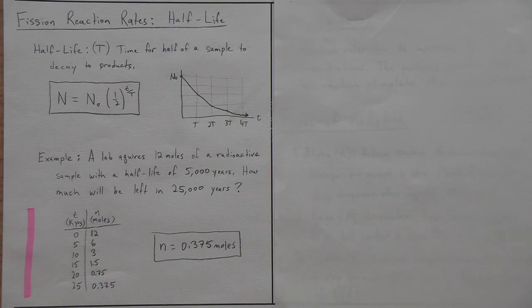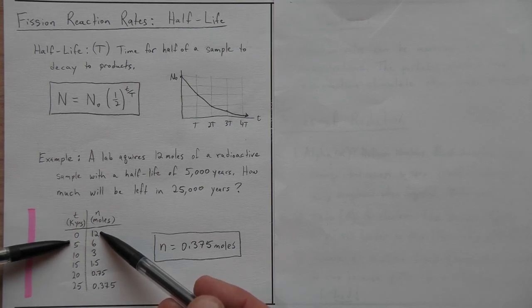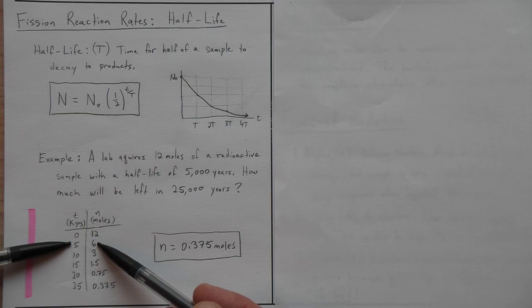The easier way to solve this is to just make a table. In one column, I'm going to put time in kilo years, in other words, in 1,000-year increments, and over here, moles. So in the beginning, at time 0, I had 12 moles. 5,000 years later, I decrease half the amount of substance.